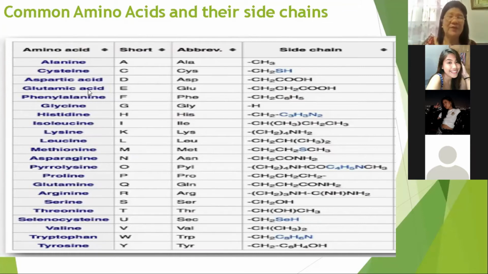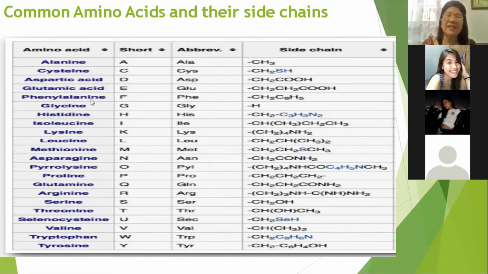Then we have glutamic. Glutamic is the same, it also has two carboxylic groups, the first carboxylic group on the right side and the left side. That is why they are acids. Remember our classification: these are the two which have a carboxyl group. Okay. So for glutamic, E, then GLU.